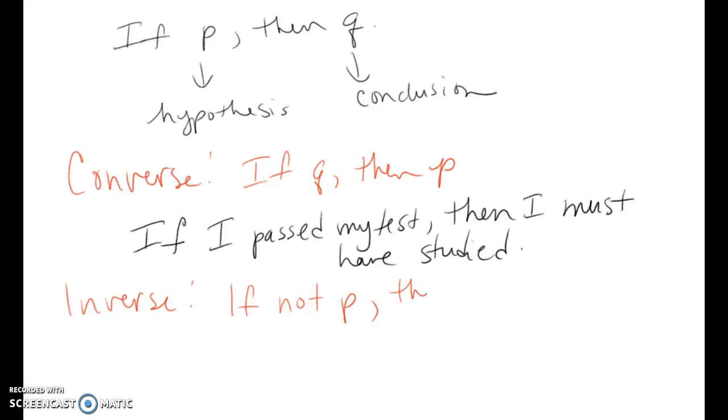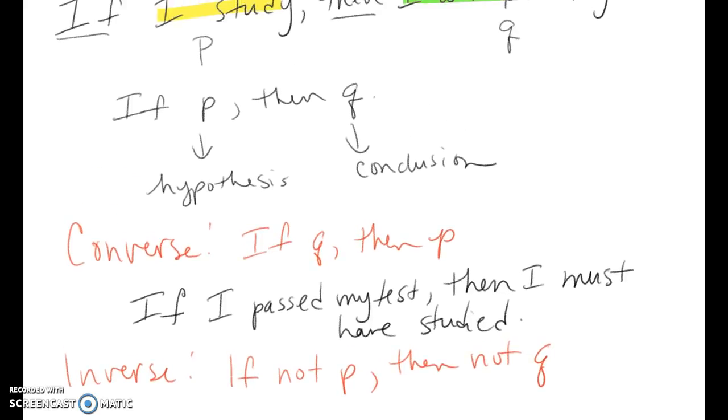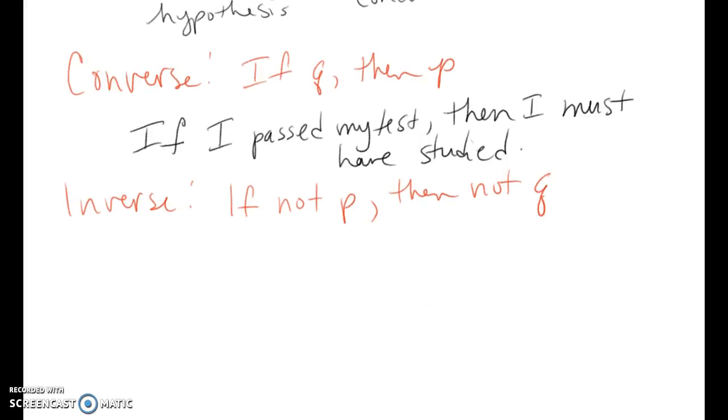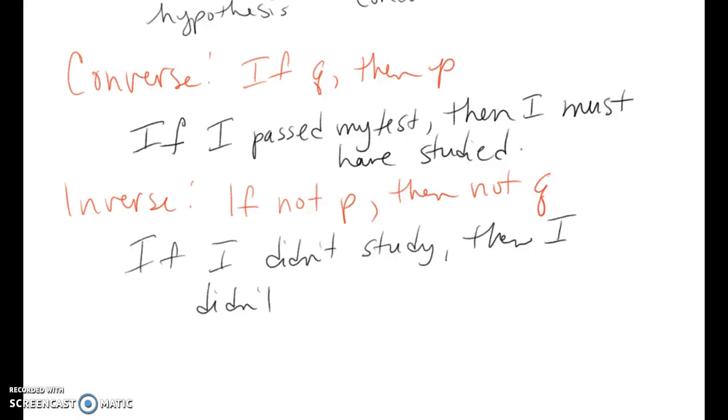So, if not P, then not Q. Back to the original statement, let's make it a negative statement: if I didn't study, then I didn't pass my test. And I think that's a pretty true statement, but some people can defy those rules, I guess.